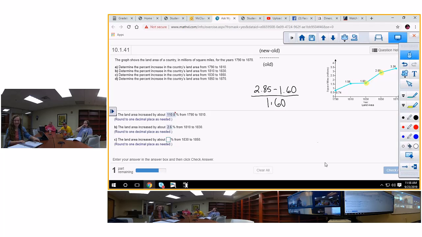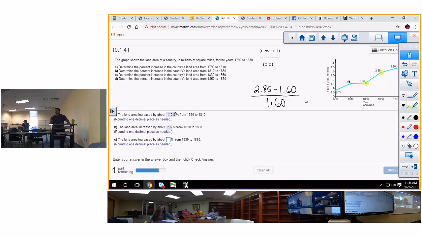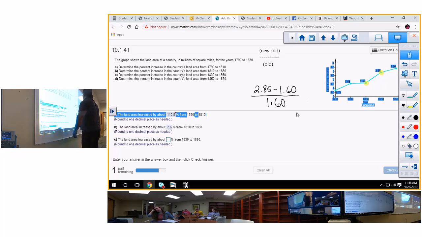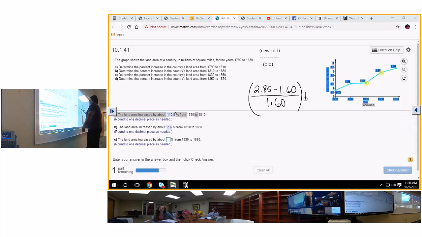Rest of y'all suck. Next. All right, now you're going to multiply that by 100. So somebody give me this decimal to 4 places: 2.85 minus 1.6 divided by 1.6.